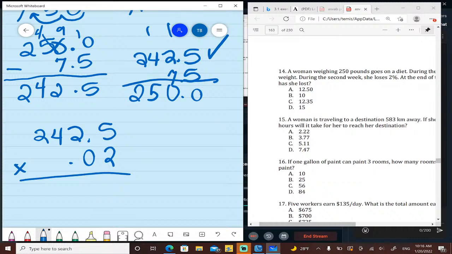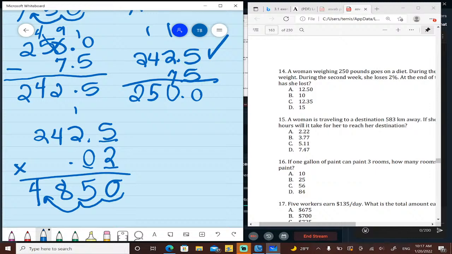All right, so 2 times 5 is 10. 2 times 2 is 4, plus the 1 we added is 5. 2 times 4 is 8. 2 times 2 is 4. Now, let's count the places after the decimals again. That's 1, 2, and now on this one we have 1. That's a total of 3. So let's go in 1, 2, 3. So she lost 4.85 pounds.